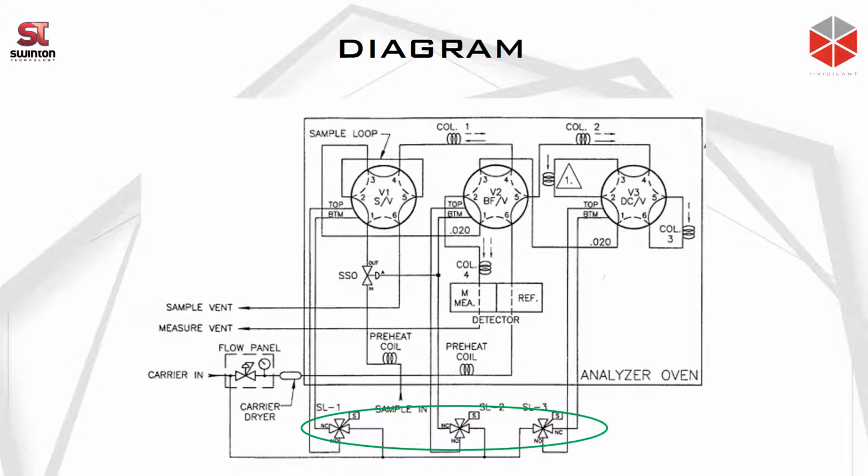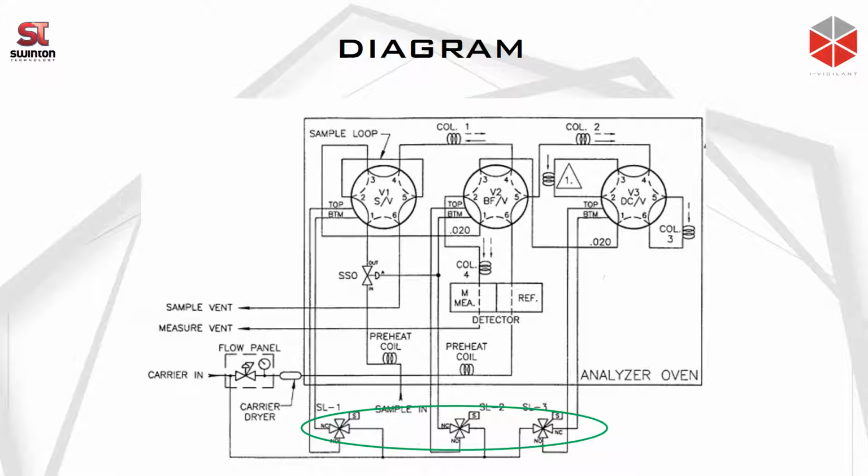The next one that we have is the solenoid valve, and this is the solenoid valve that actuates the analyzer valve. As you can see, it has a line that goes through the bottom and the top of the valve, which is the term that Daniel used for this particular GC.